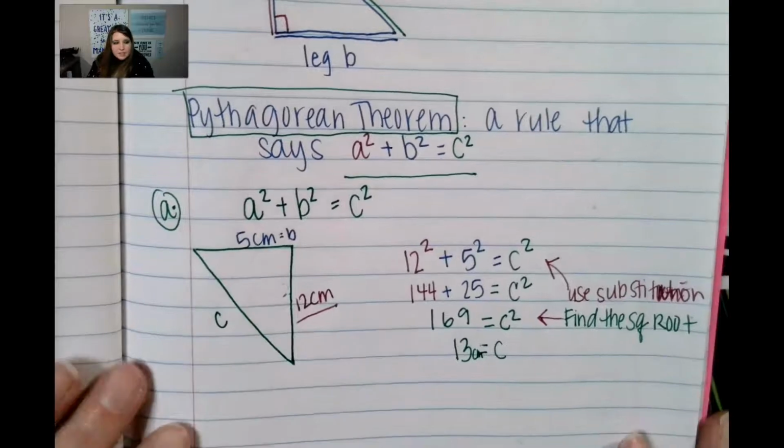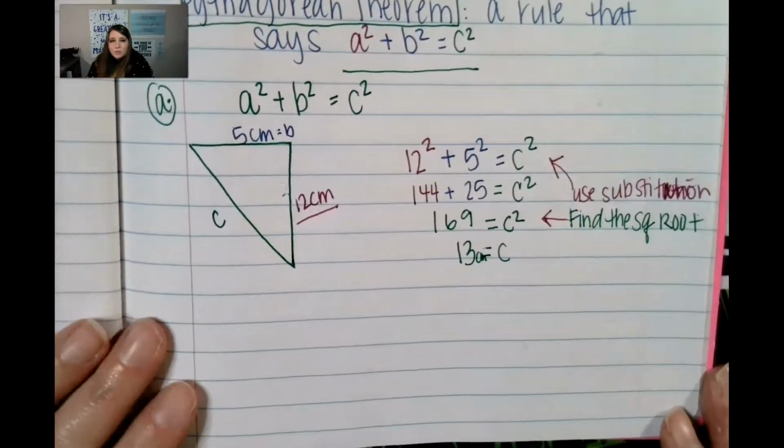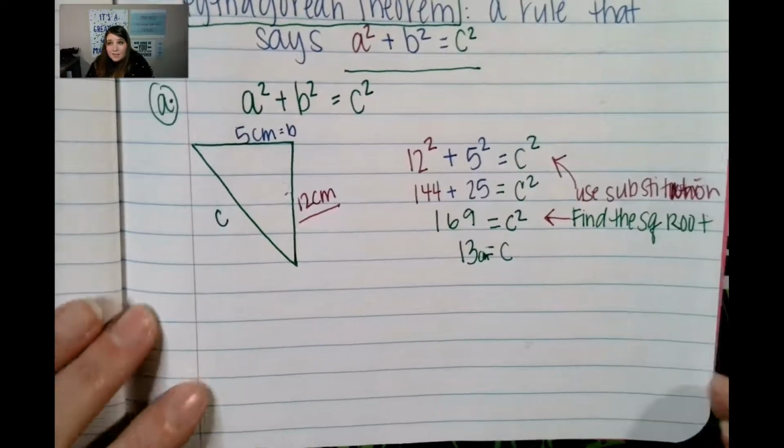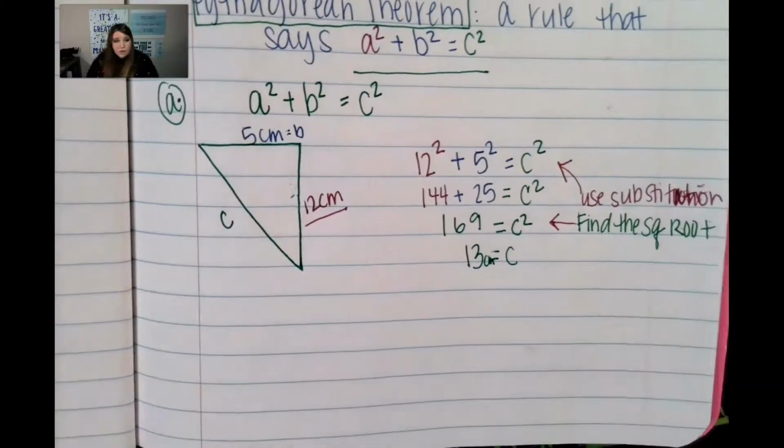All right, let's do another example of how we find the Pythagorean theorem. So we're going to have another triangle that we're going to look at.